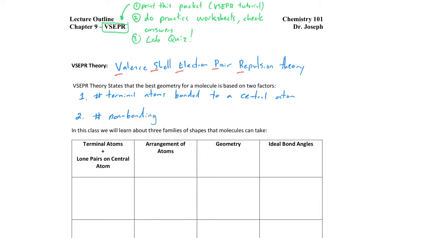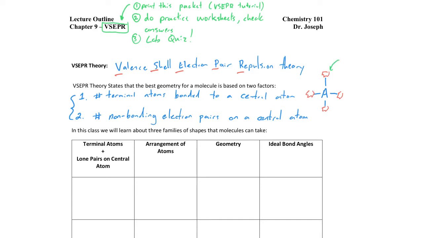But VSEPR theory also says that the shape is based on the number of non-bonding electron pairs that are also on the central atom. So if we take these two things into account, the number of terminal atoms bonded to a central atom and the number of non-bonding electrons on a central atom, from those two things we can figure out the three-dimensional shape of a molecule.